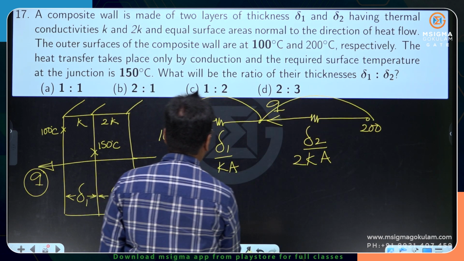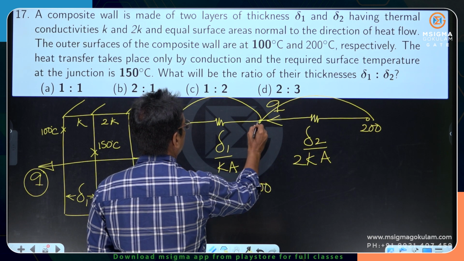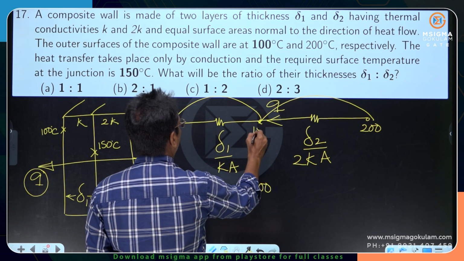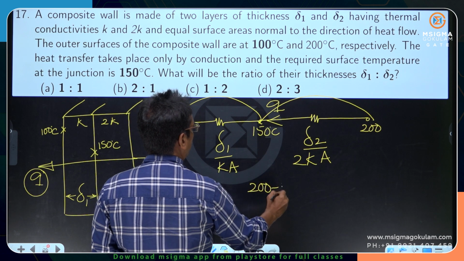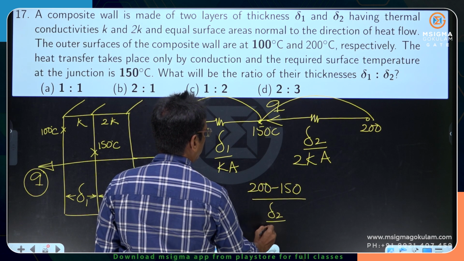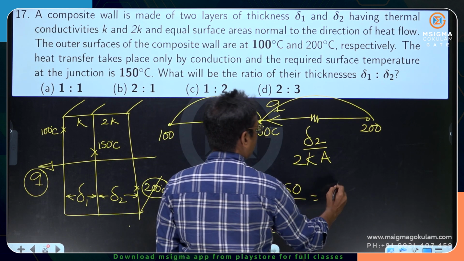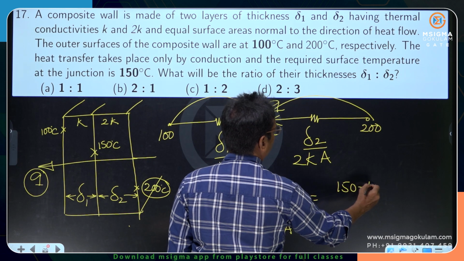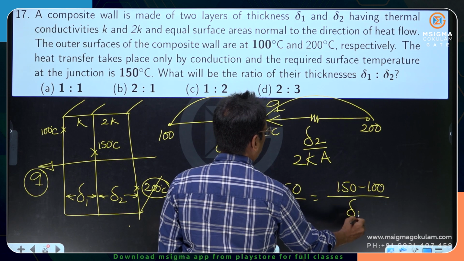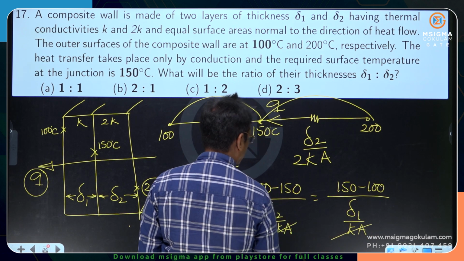Series circuit, Q is equal to 200 minus 150 divided by delta 2 by 2K into A, which is equal to 150 minus 100 divided by delta 1 by KA. KA gets cancelled.